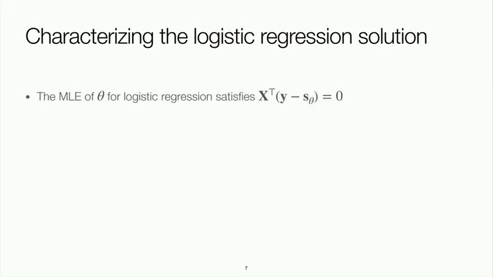At least for MLE, the theta that I would find, or hope to find, from MLE for logistic regression satisfies that the gradient is equal to 0. That would be the definition of the solution, right? It would need to be some theta that when I evaluate this gradient, I get it equal to 0. But we can ask the question, when does that actually happen? So when is it the case that x transpose (y minus s theta) is equal to 0?